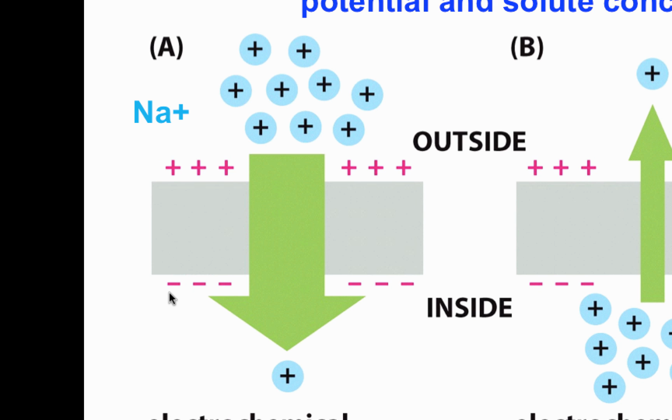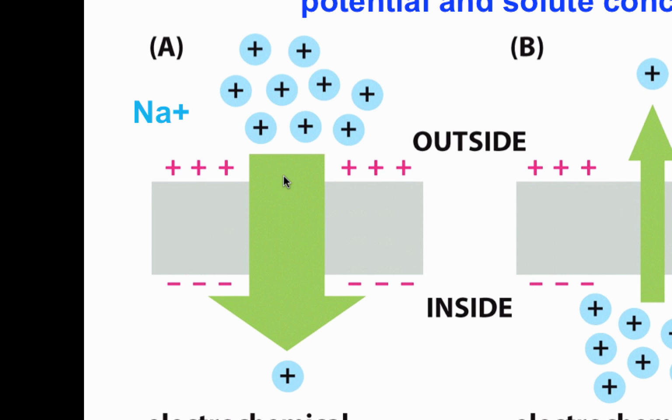So for a sodium ion to come inside, it is being influenced by two forces. Number one, the force of the concentration gradient, which is pushing it inside the cell, and number two, the force of the membrane potential, which is allowing those positive ions to move towards the negative cytoplasmic environment.